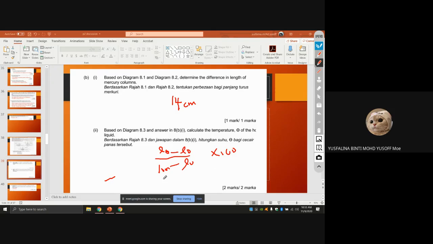So L theta is 16, L0 is 6, and L100 minus L0 is already calculated here, 14 cm. Then you multiply by 100, so 10 times 100 divided by 14.